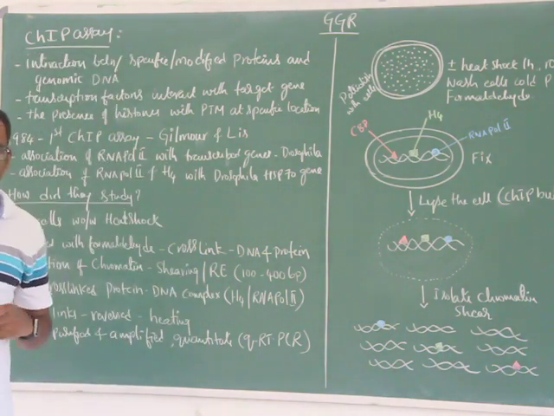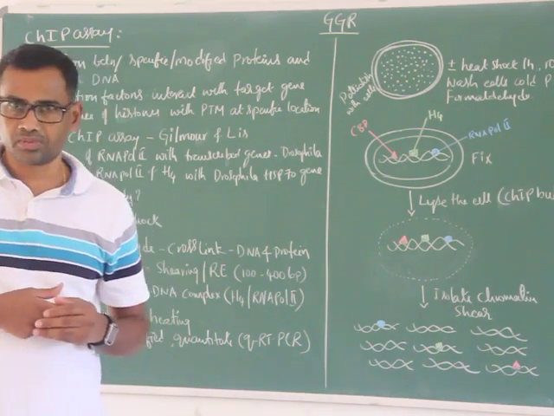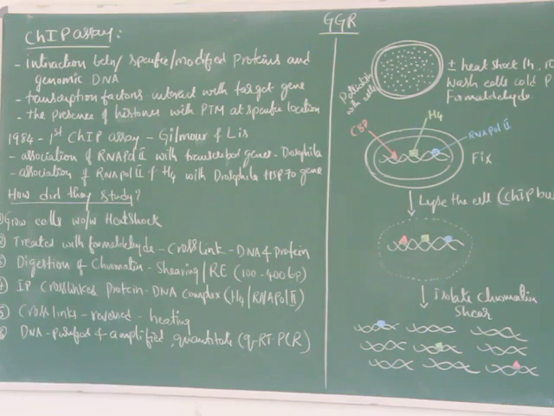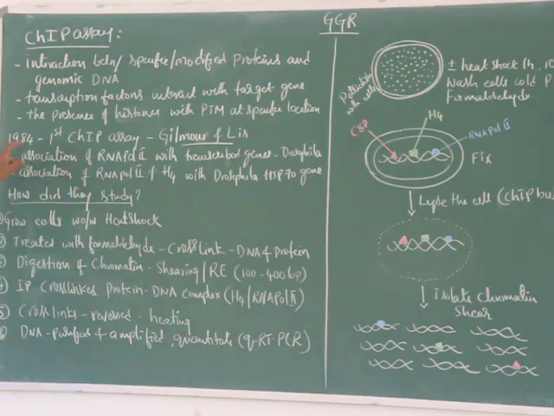Although it looks like a very simple assay, it's very hard to reproduce in the lab. Anyway, this ChIP assay was first established by Gilmour and Lis in 1984.